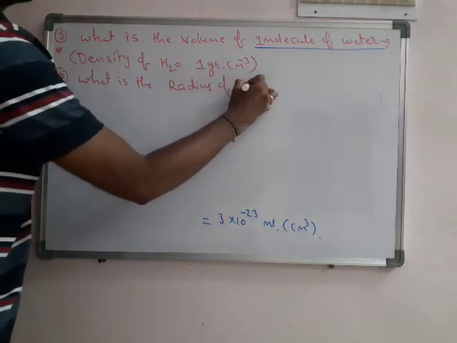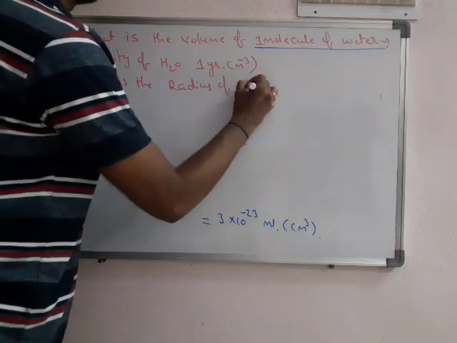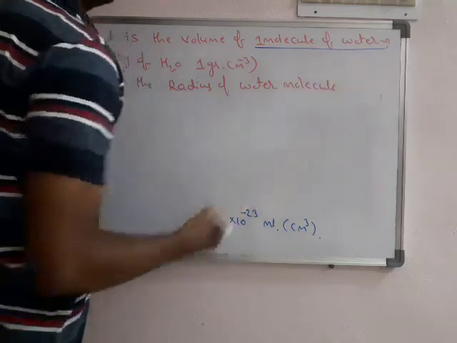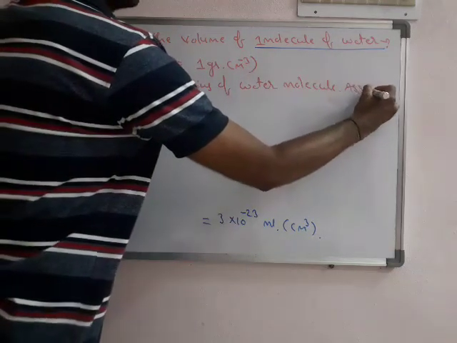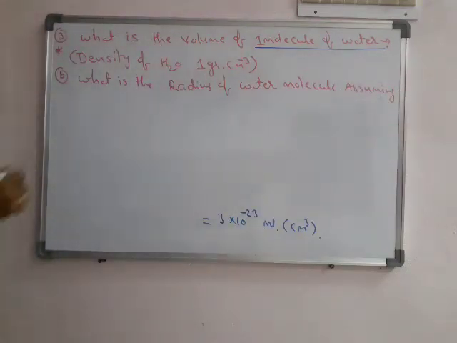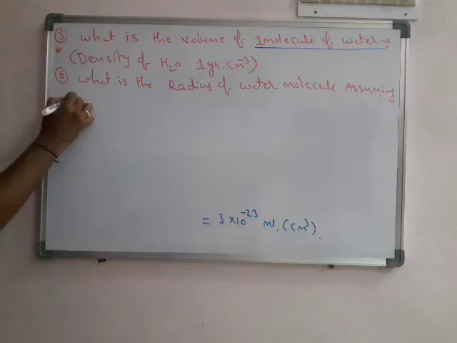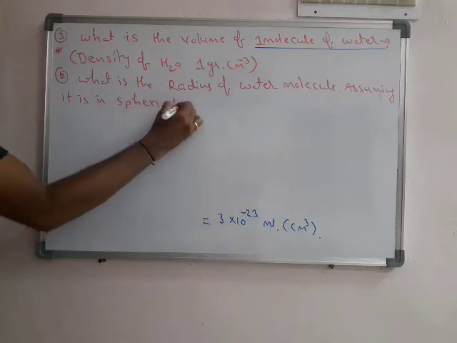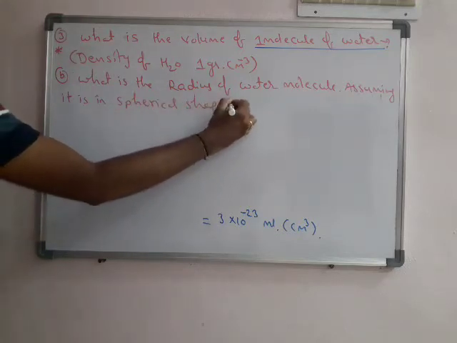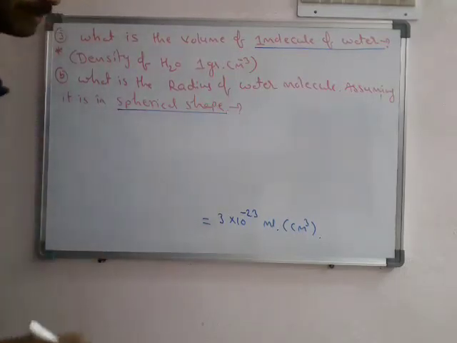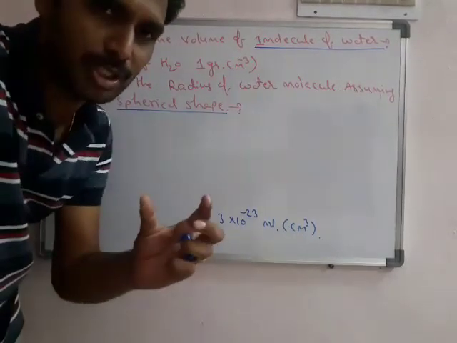What is the radius of a water molecule? And the information given is, assuming the water molecule shape is spherical. We need to find out the radius. Here it is very important: they asked us to assume a spherical shape, so we have to guess the water molecule in a spherical shape.